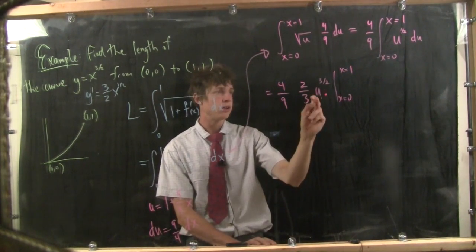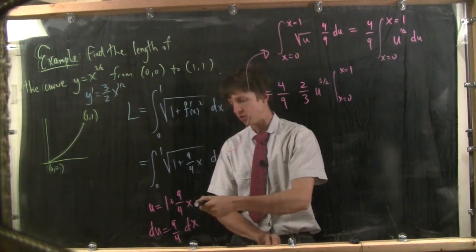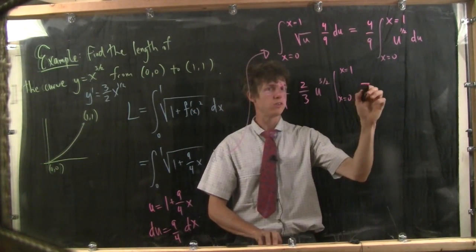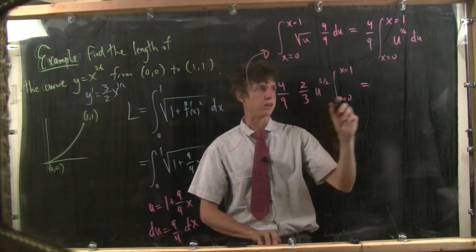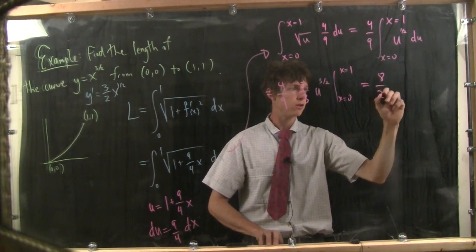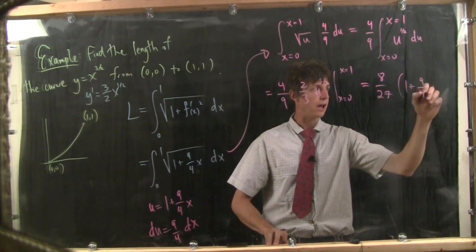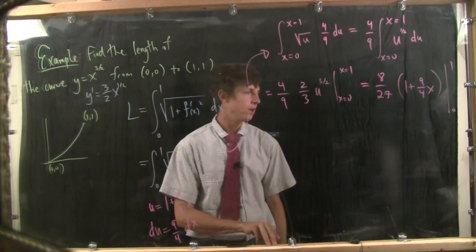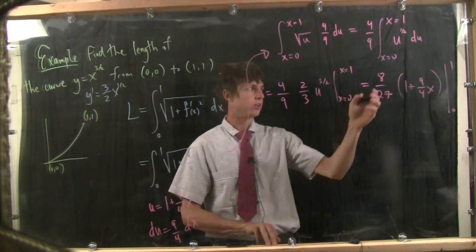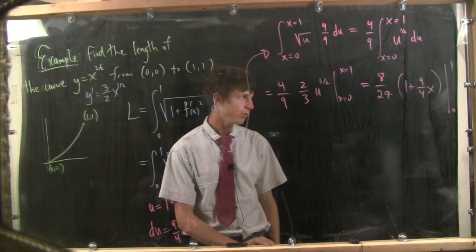So now I need to write u back in terms of x. So I'll use this substitution down here. Let me simplify this. So it's 8 over 27, 1 plus 9 over 4 x, to the 3 over 2, between 0 and 1. I can get rid of the x equals because now this is x values and these are also x values.